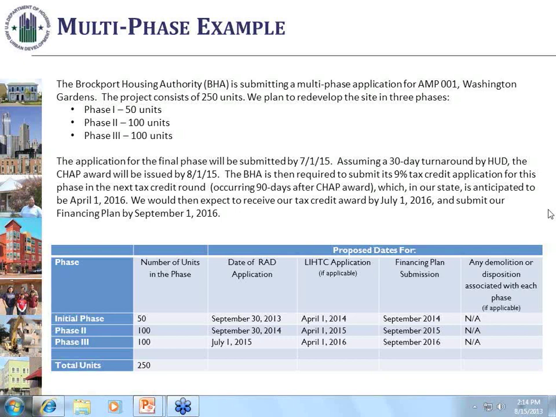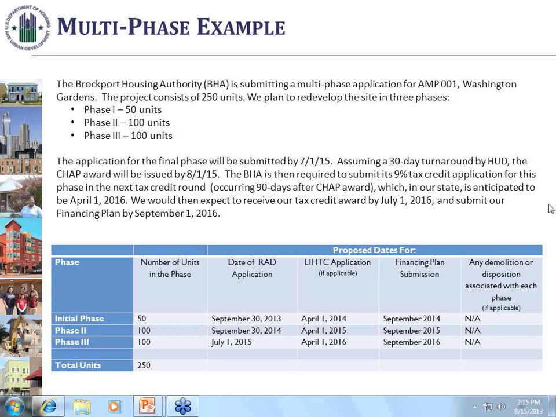If you've got a 100-unit project, unless those units qualify as one of our exceptions, we want 100 units back, and we also want to make sure that when you move forward, we're certain that the units are going to be replaced.